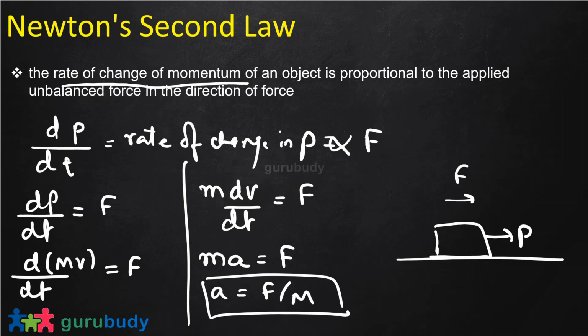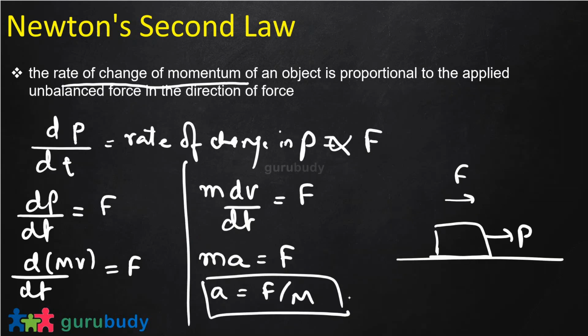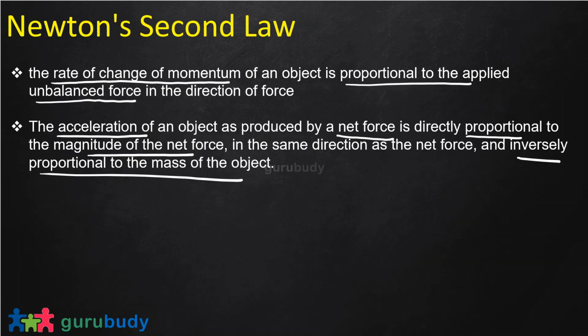And this is the same thing which we have learned before, right? So a is equal to F by m, and in the new one also we have looked at a equal to F by m. Okay, so both definitions are same. One is saying that the rate of change of momentum of an object is proportional, this is important, proportional to the applied unbalanced force.